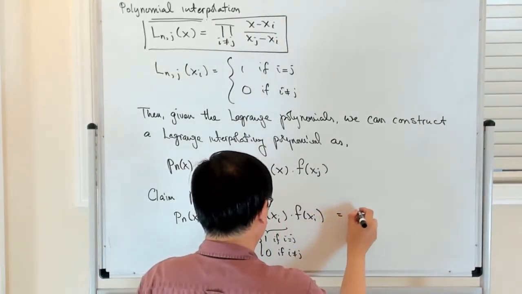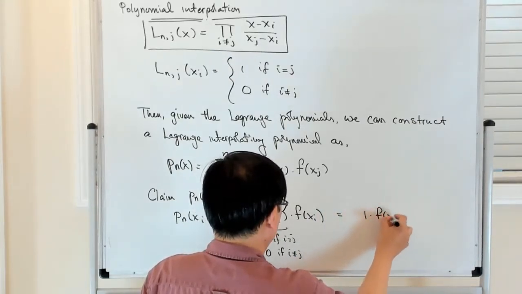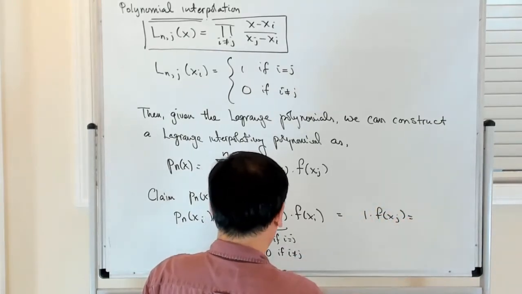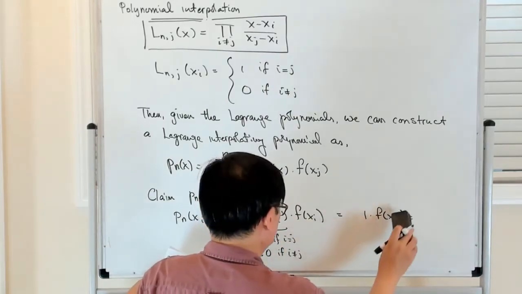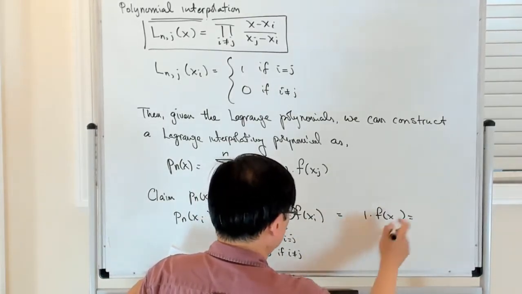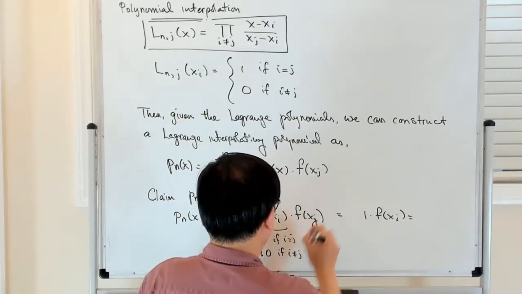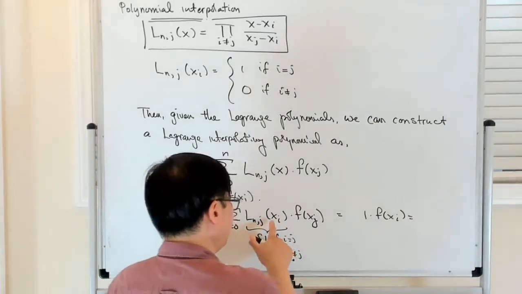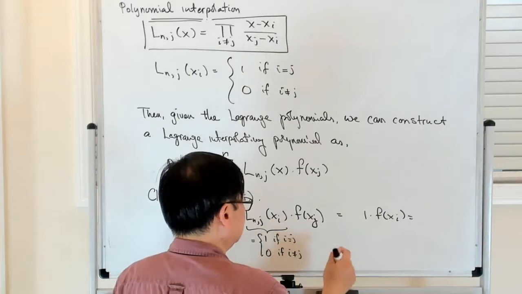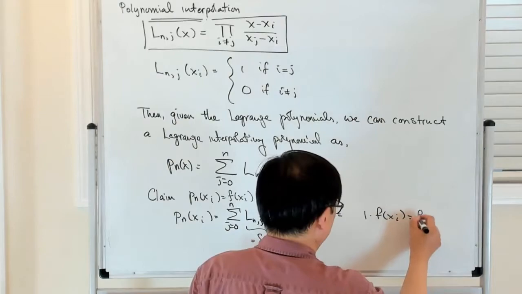So that's just 1 times f at x_i. So this is just f(x_i).